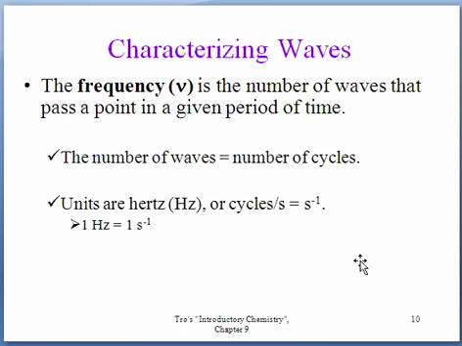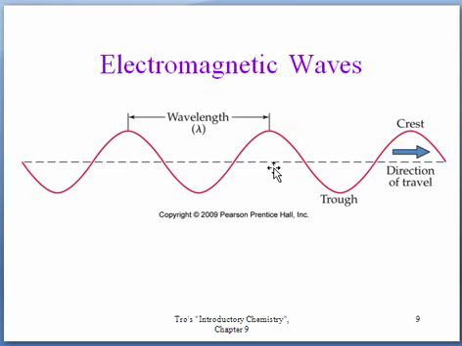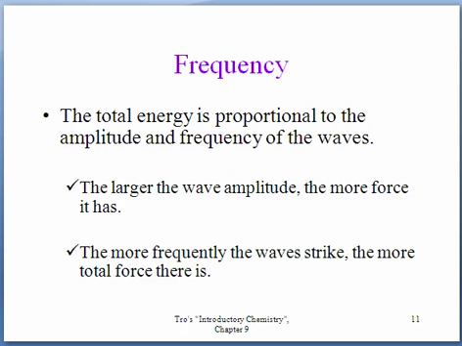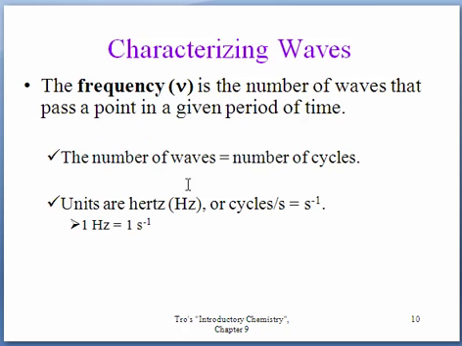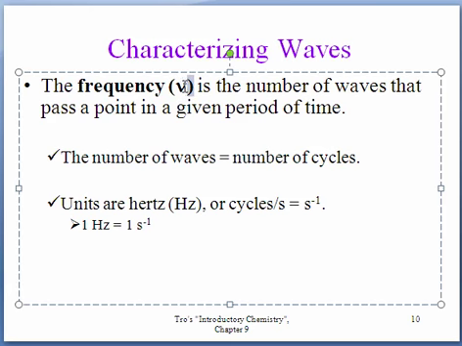Frequency is another characteristic. This is how many waves pass a point in a given period of time. So if we look back up here, we'll choose a point, and in a second, how many waves go by this particular point? All right. Frequency is abbreviated by this Greek letter nu. This is the Greek letter N, and it looks like an italic V, but it is a nu.